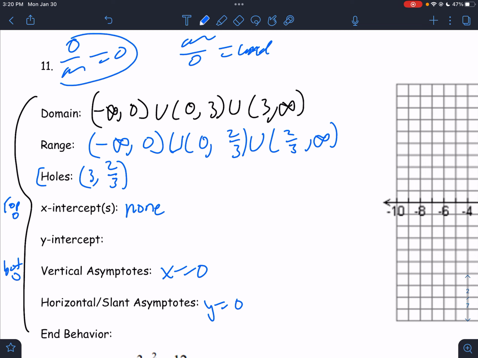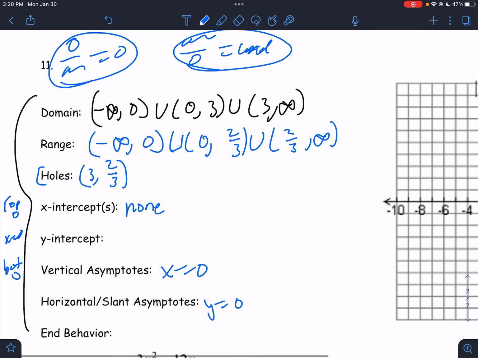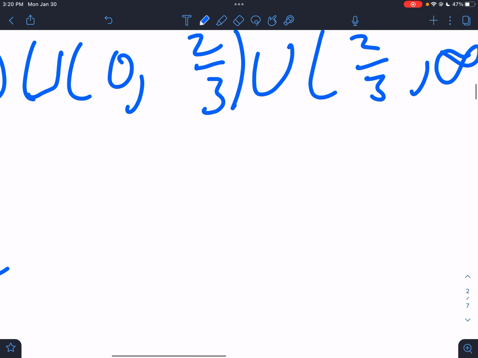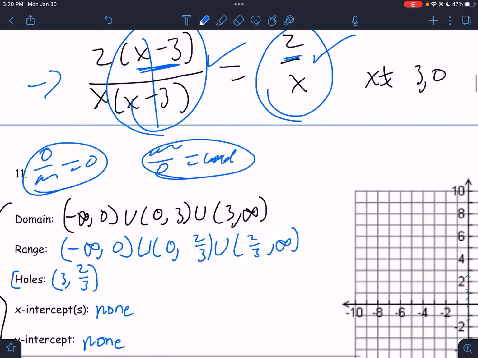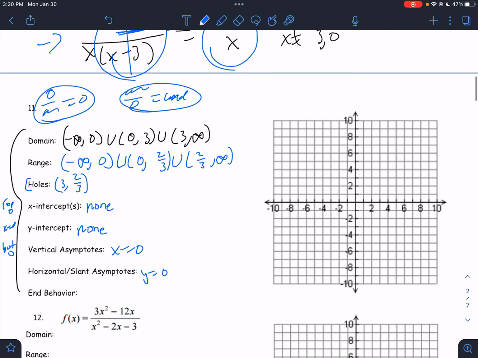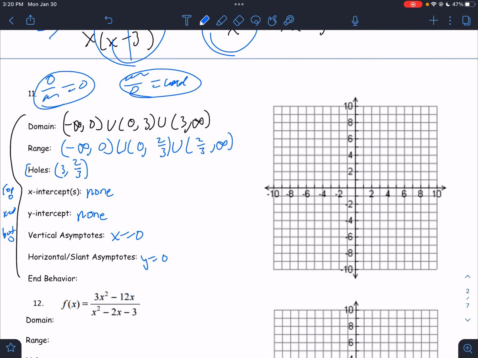So here we have our zeros, here we have our vertical asymptotes. Y-intercept: this is when x is 0. Well, that's an asymptote, so there are none. Didn't we just say x equals 0 is an asymptote? If you plug in 0 for x, you get 2 divided by 0. That's undefined, so there is no y-intercept. In other words, it doesn't touch the y-axis.